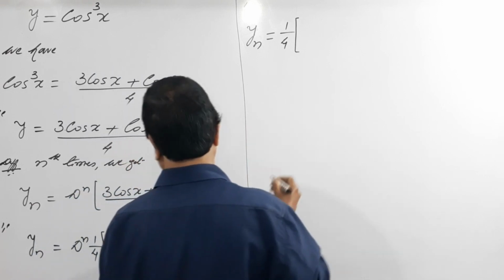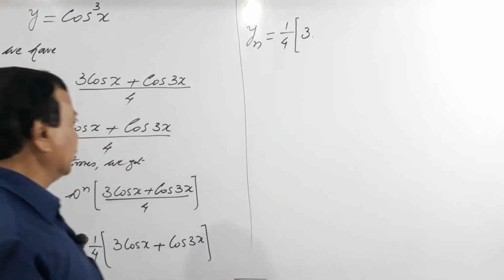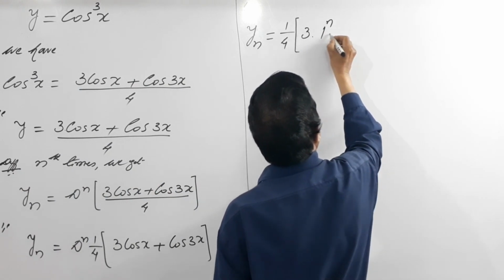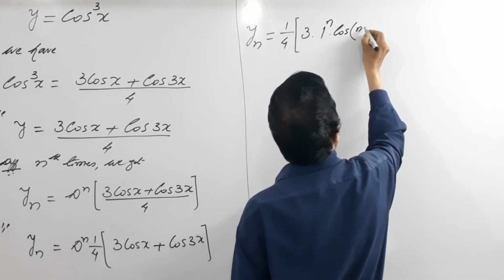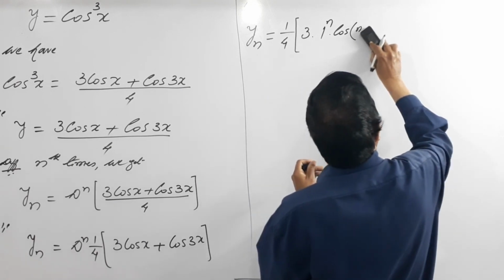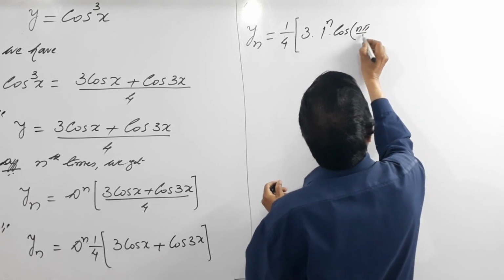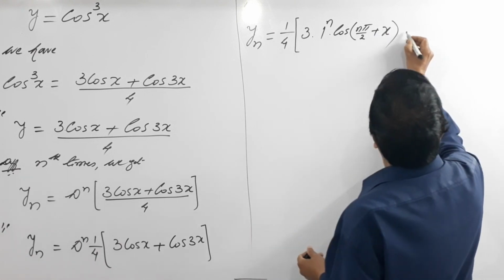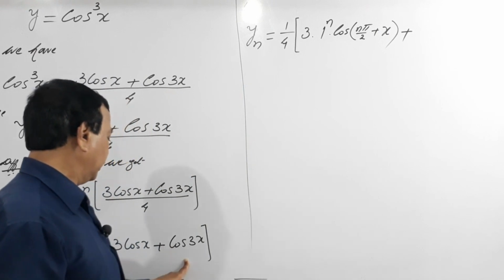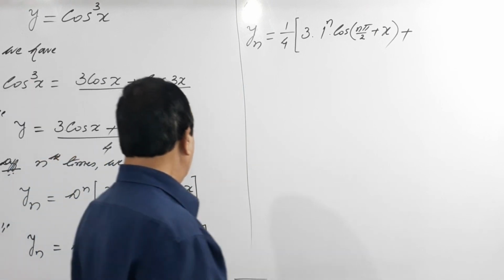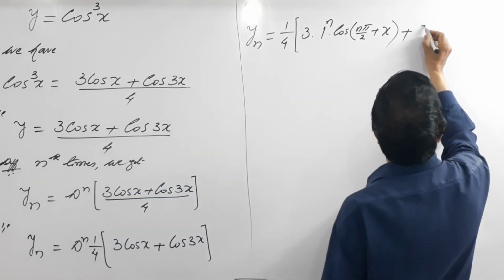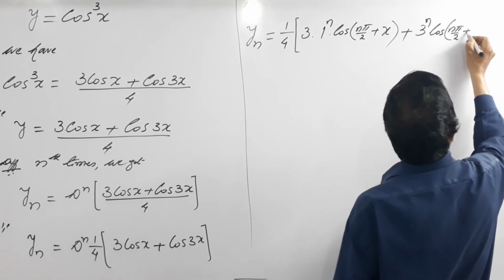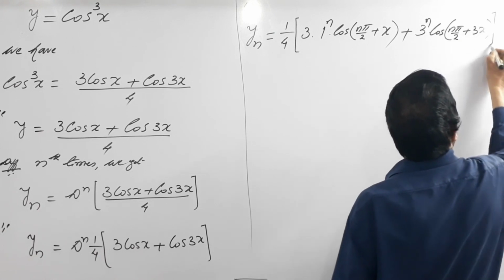You take this 3 as it is outside, and the coefficient of x is 1, so that will be 1 to the power of n into cos of n pi by 2 plus x, plus we have 3 to the power of n cos of n pi by 2 plus 3x.